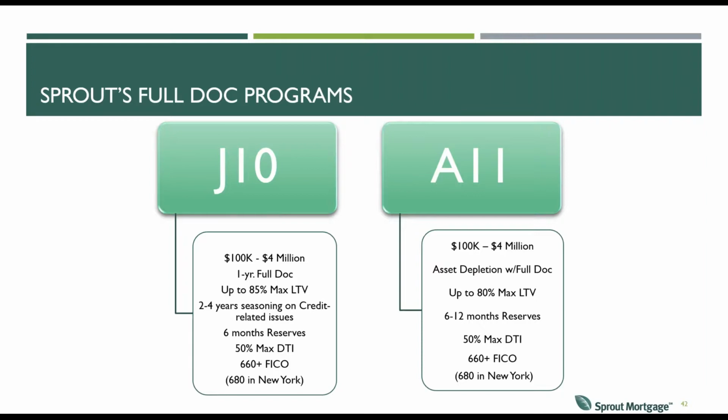And then your A11 will do 100,000 minimum up to 4 million, and then your asset depletion with full docs up to 80% max LTV, 6 to 12 months of reserves, 50% max DTI, and then a 660 plus FICO score, 680 in New York.